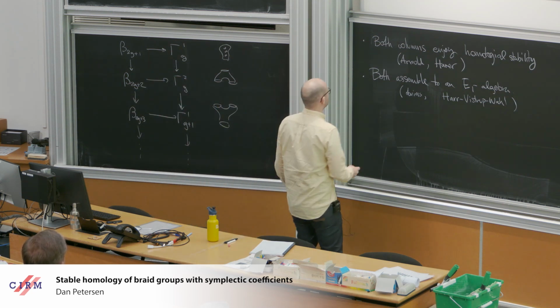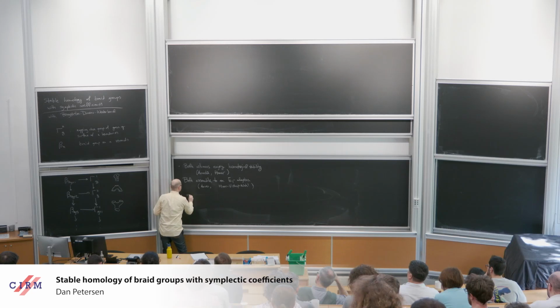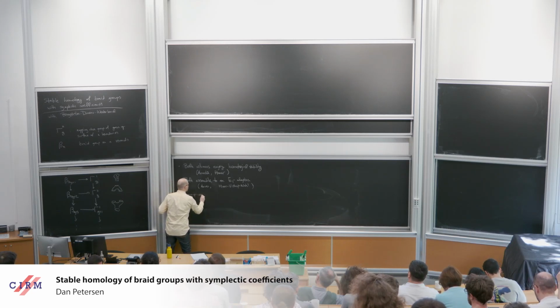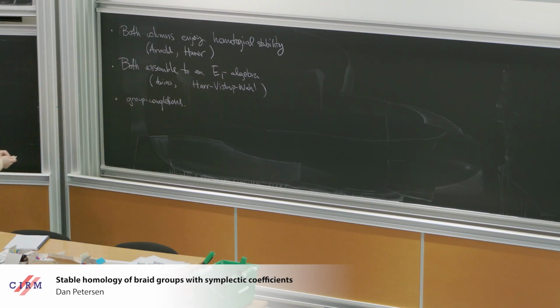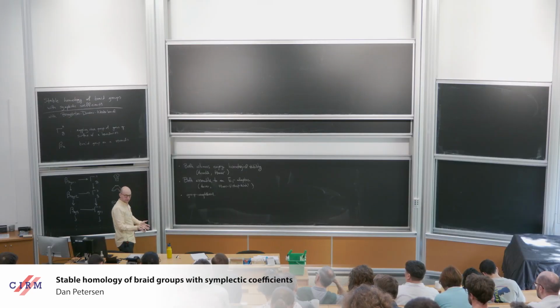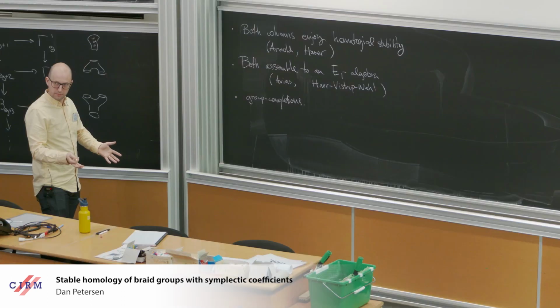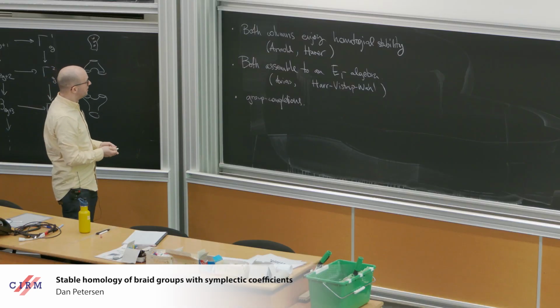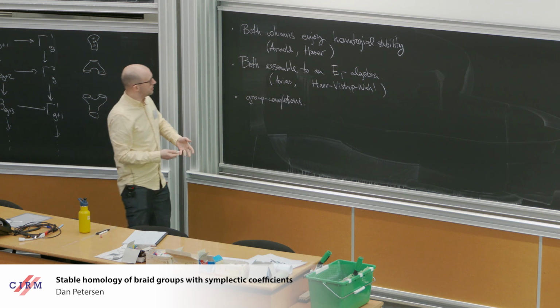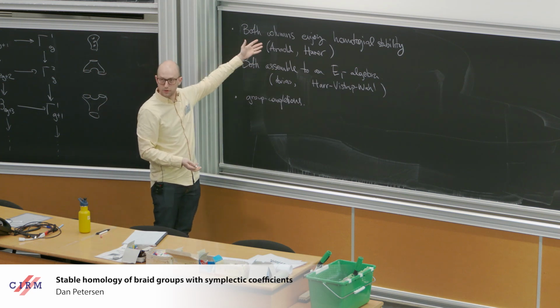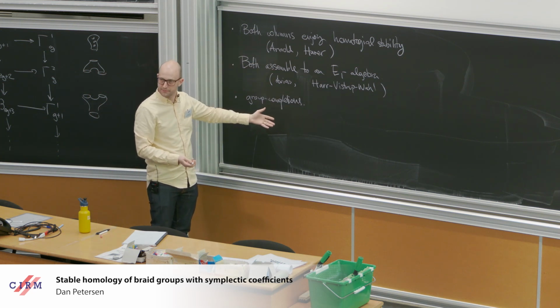And you can study the respective group completions. In both cases, they're going to group complete to some loop space, because they're E1 algebras. And the group completion theorem tells you that the stable homology is the homology of that loop space.